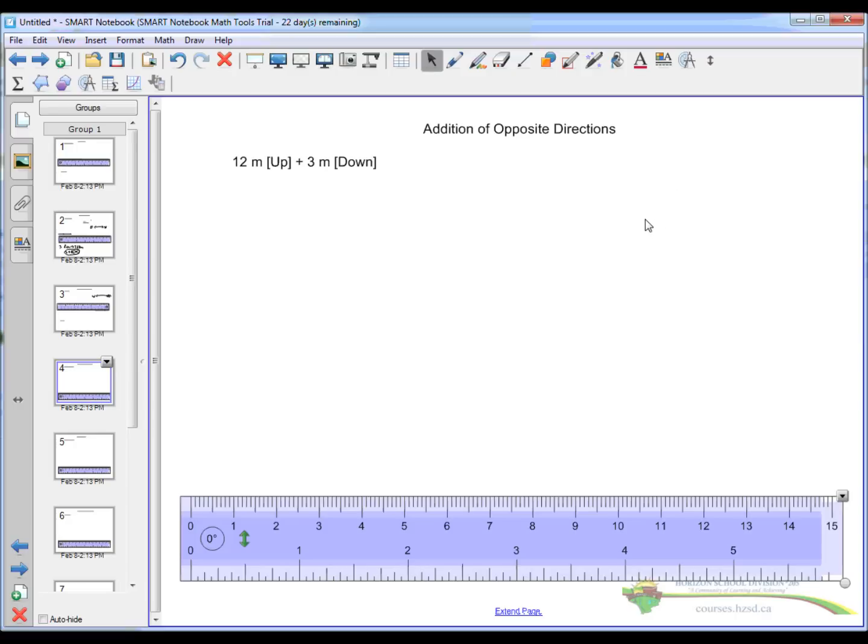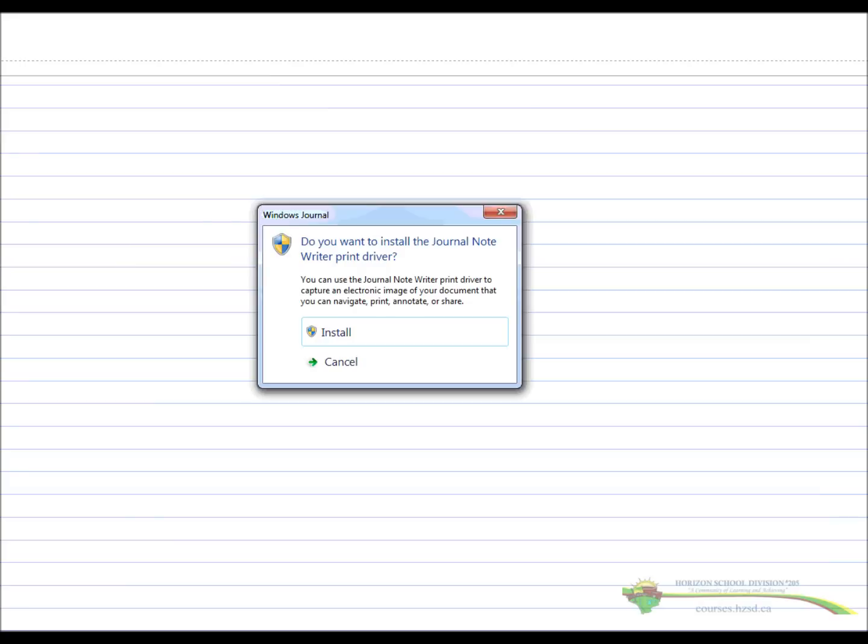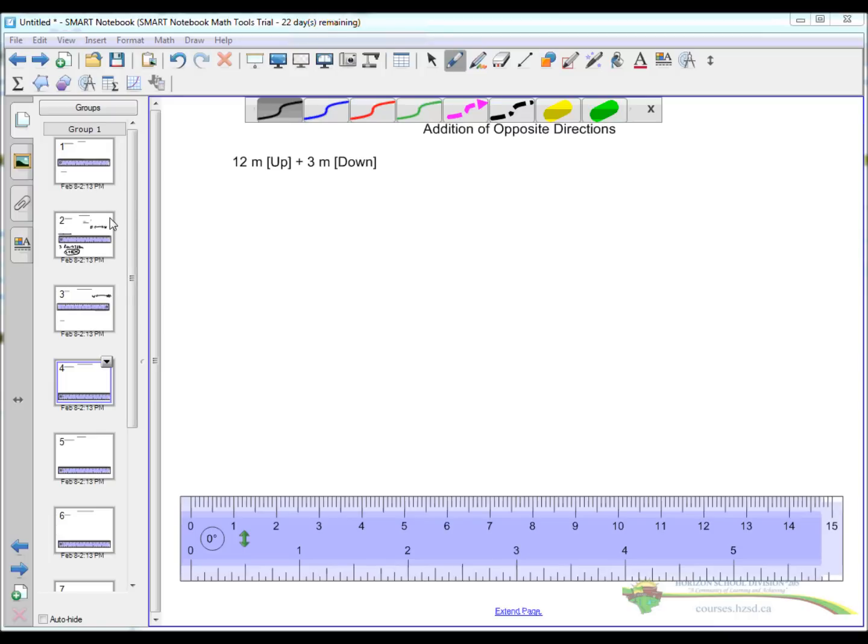I can go, oops, I need my pen tool. Sorry about that, I bumped the button.